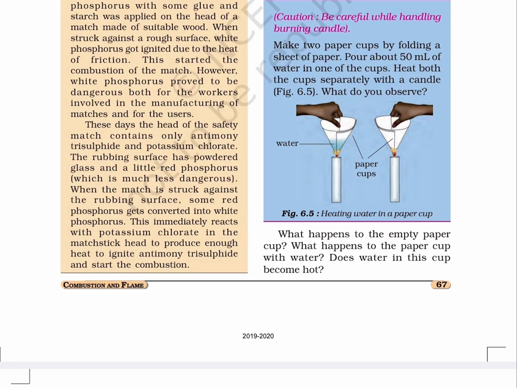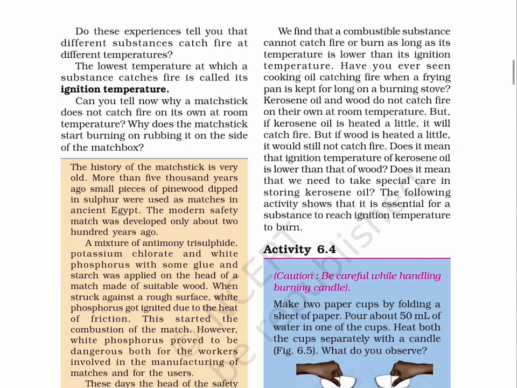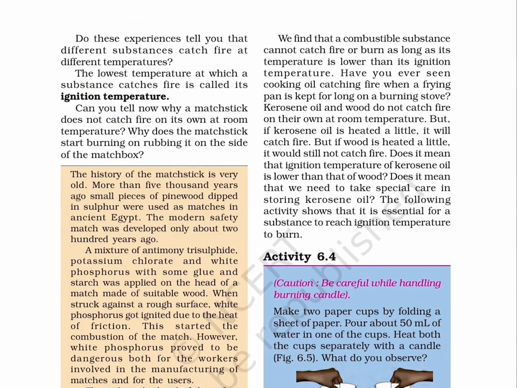When the match is struck against the rubbing surface, some red phosphorus gets converted into white phosphorus. This immediately reacts with potassium chlorate in the matchstick head to produce enough heat to ignite antimony trisulfide and start the combustion.